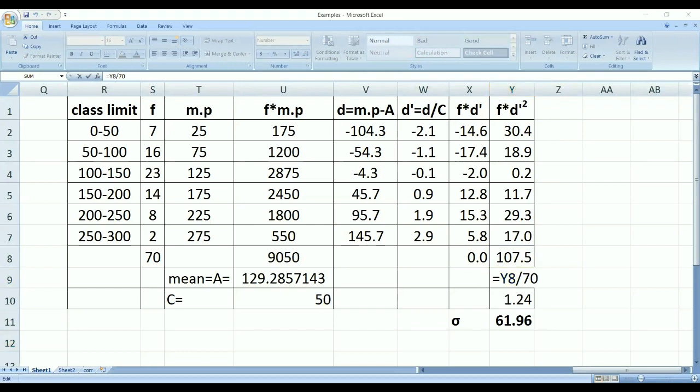See, the formula is summation of f d dash square divided by n. So we have done here. So it is 1.5. After that, summation of f d dash divided by n whole square.